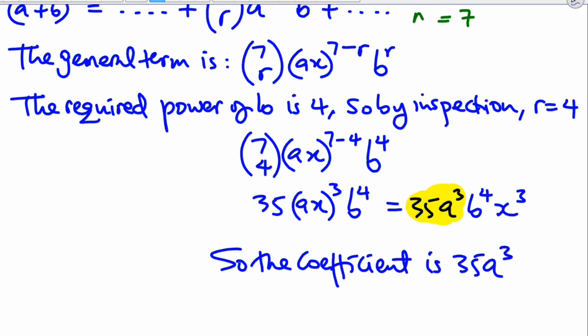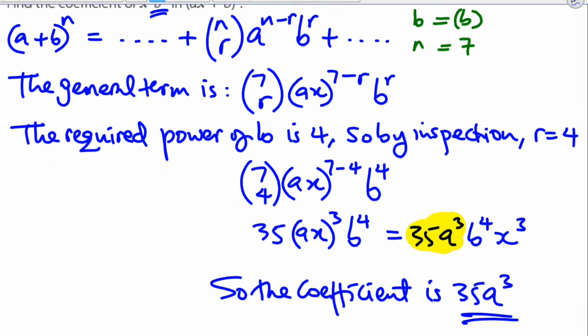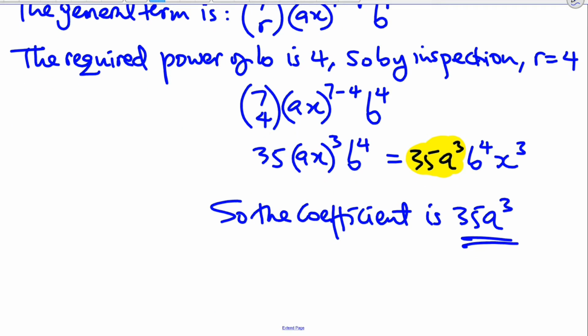That is what's required in the question. Remember, the question is asking to find the coefficient of x cubed b to power 4, and that coefficient is 35 a cubed.